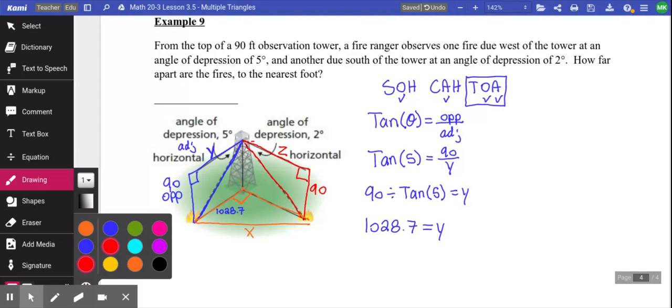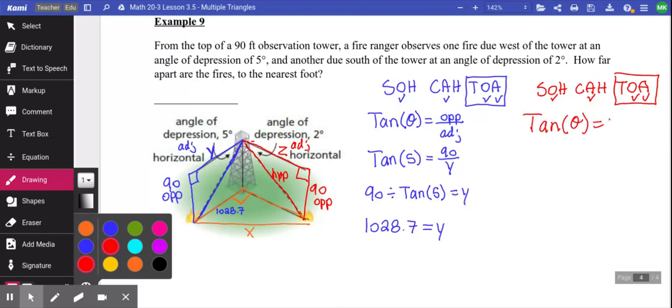So I'm going to go opposite, adjacent, hypotenuse. I know the opposite. I want to know the adjacent. So when I do my Sohcahtoa, check under O and A. This is a TOA question. TOA means do your tangent formula.